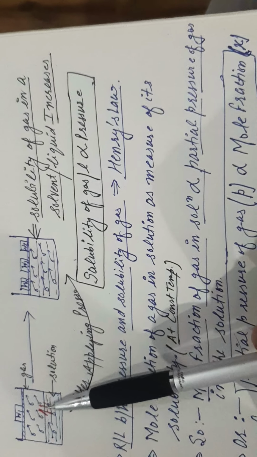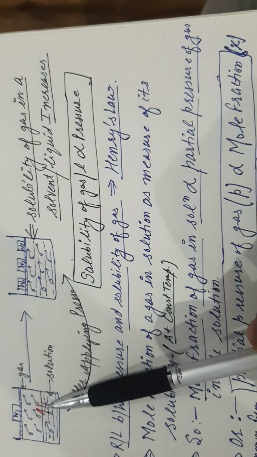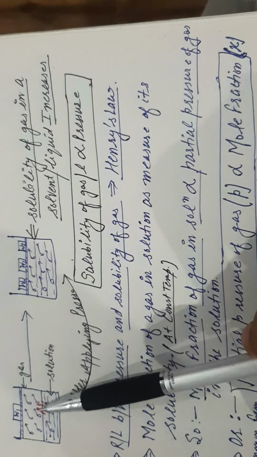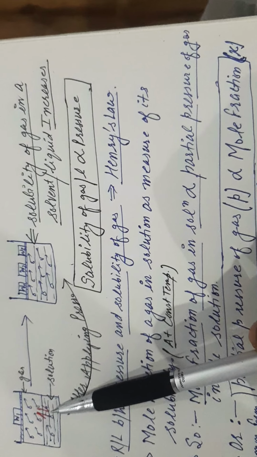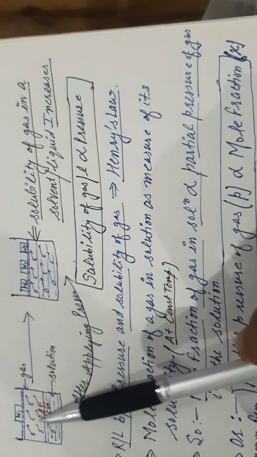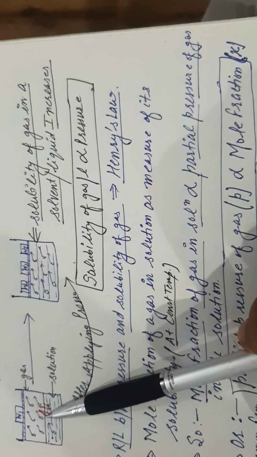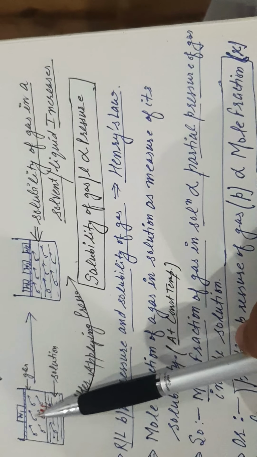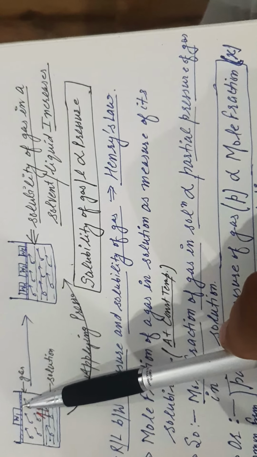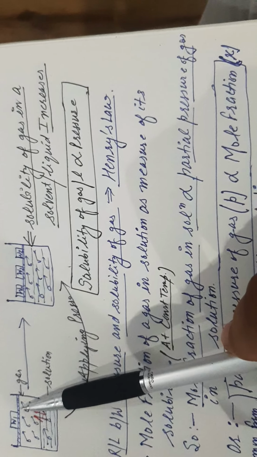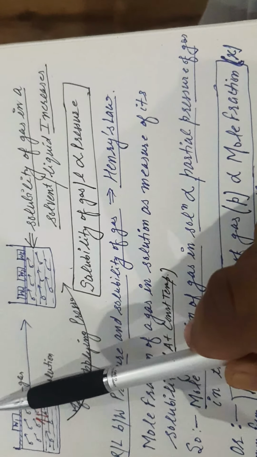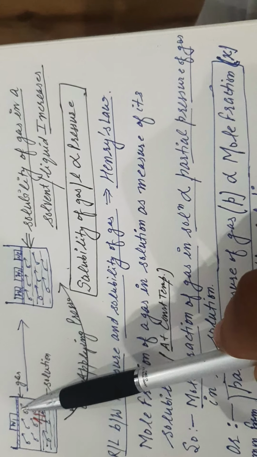Dynamic equilibrium means an equilibrium in which gaseous particles entering or leaving this zone are the same.